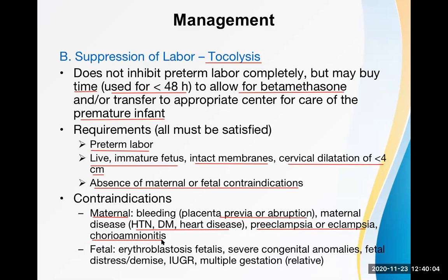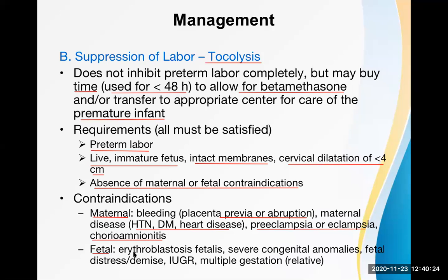You don't give tocolytic therapy in this situation. That's the meaning. That's why they are listed as contraindication. There is a harm. We don't delay delivery during this type of conditions. There is a serious problem done to the mother.